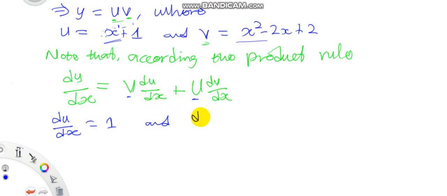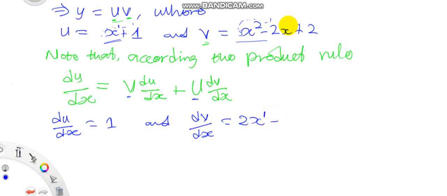Now we find dv dx. For this we multiply the term by the power 2, and then we subtract 1 from the power. So x multiplied by 2 is 2x, and 2 minus 1 for the power is just 1, so 2x raised to the power 1.